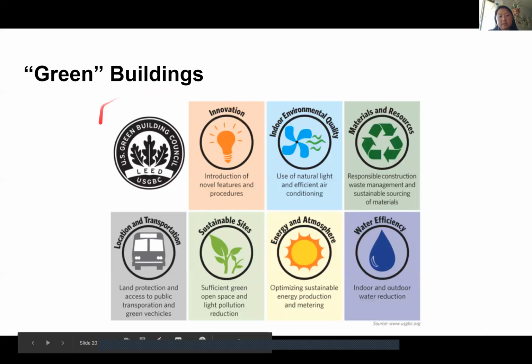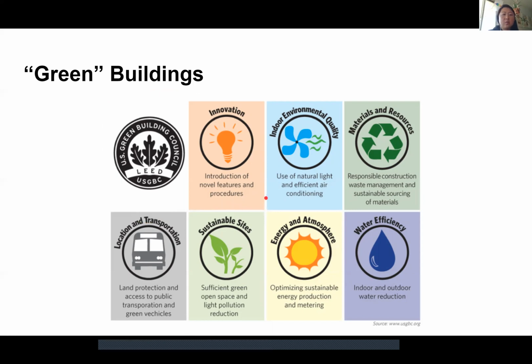So with green buildings, you can see there's a lot of different ways they can be green. They get awarded for innovation, if they're doing something really groundbreaking. Indoor environmental quality, like using natural light rather than having to turn on the light. If they're recycling or reusing, are they encouraging the people that work in the building to use local transportation and mass transit rather than driving in?